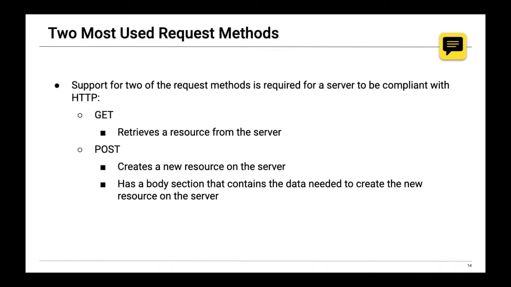Okay, so here's a couple of those. We're going to really focus on 4. Support for 2 of the request methods is required for a server to be compliant with HTTP. So the server needs to account for a GET and a POST. And the GET says that we're going to retrieve a resource from the server.